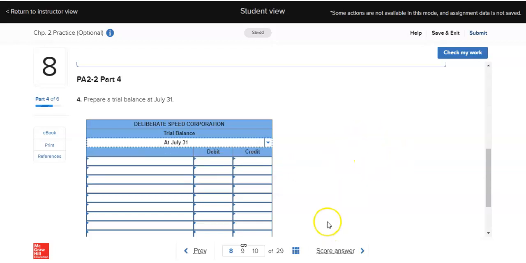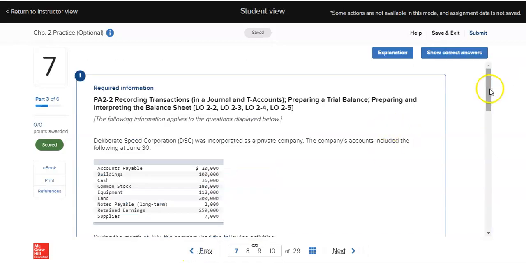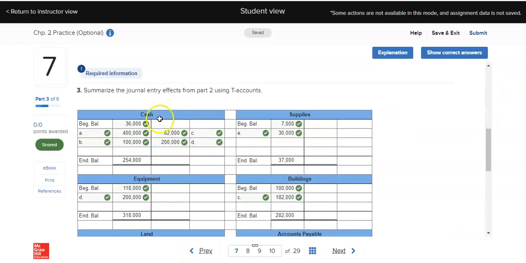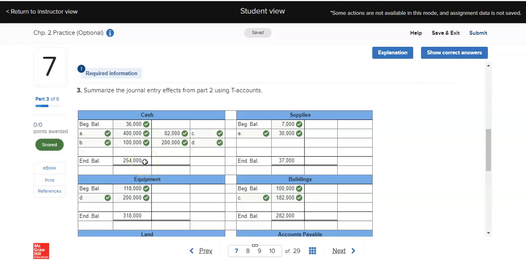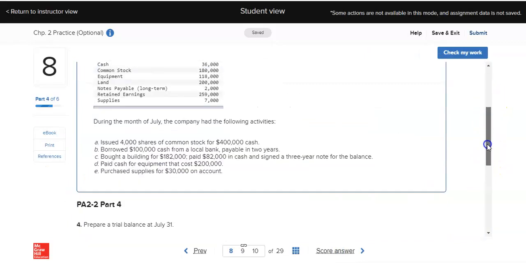What we're going to do is go one step back and copy the account name and balance into either the debit or credit column, depending on whether the account had a debit or credit balance. So for example, I'm going to copy cash and a debit balance of 254,000 into my trial balance.